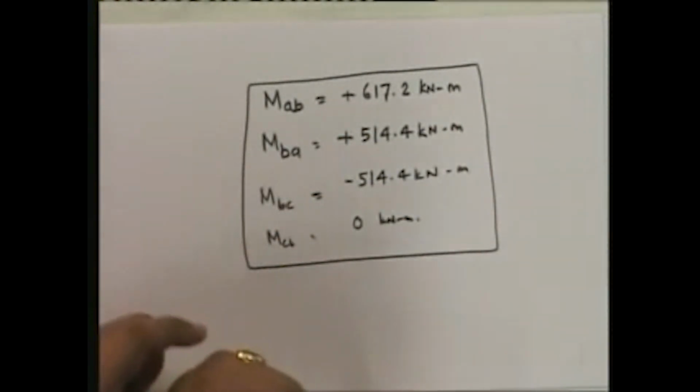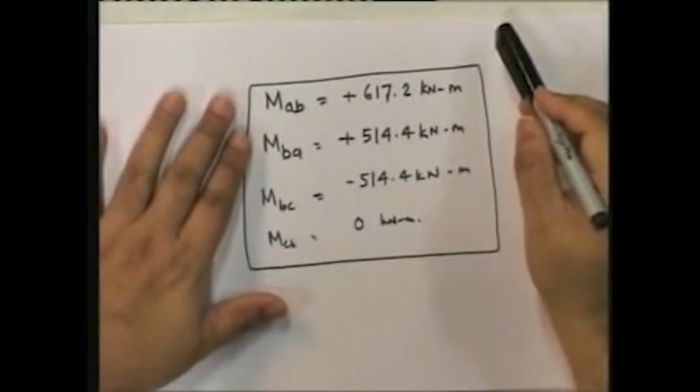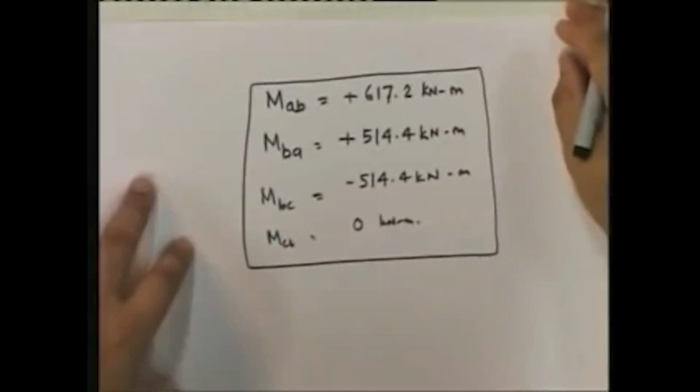And once you get these moments, then you can draw the bending moment diagram just as we had done last time. It's not at all different from what we had done, excepting that there is no loading. The interesting point to note here is how much the moments came out to be.